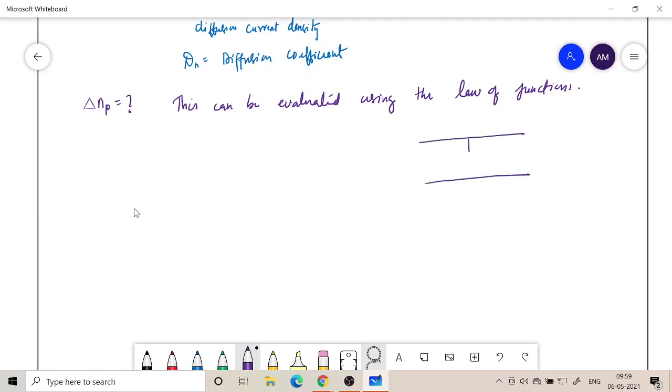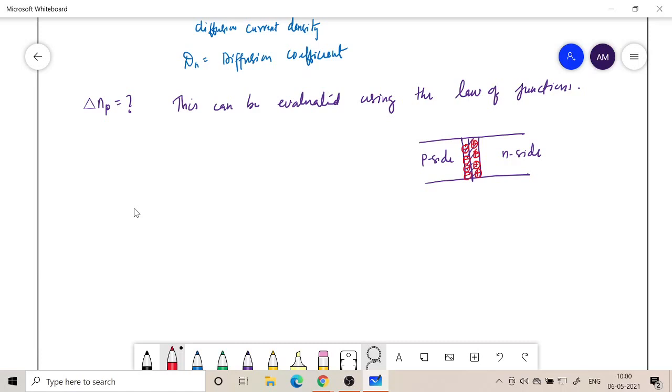If you take a PN junction, on one side you have a P side, the other side you have an N side, and then there is a depletion region. The concentration of carriers is going to be different on the N side and the P side, and you also know that there is going to be positive charge in the depletion region, immobile positive charge, and there is going to be negative charge on the P side.